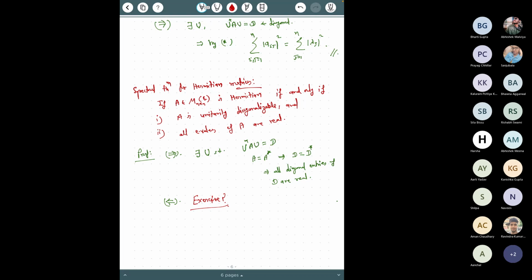If you take any matrix in general, for a given matrix A, if you have eigenvectors corresponding to distinct eigenvalues, what do we know in general? We have proved one result.